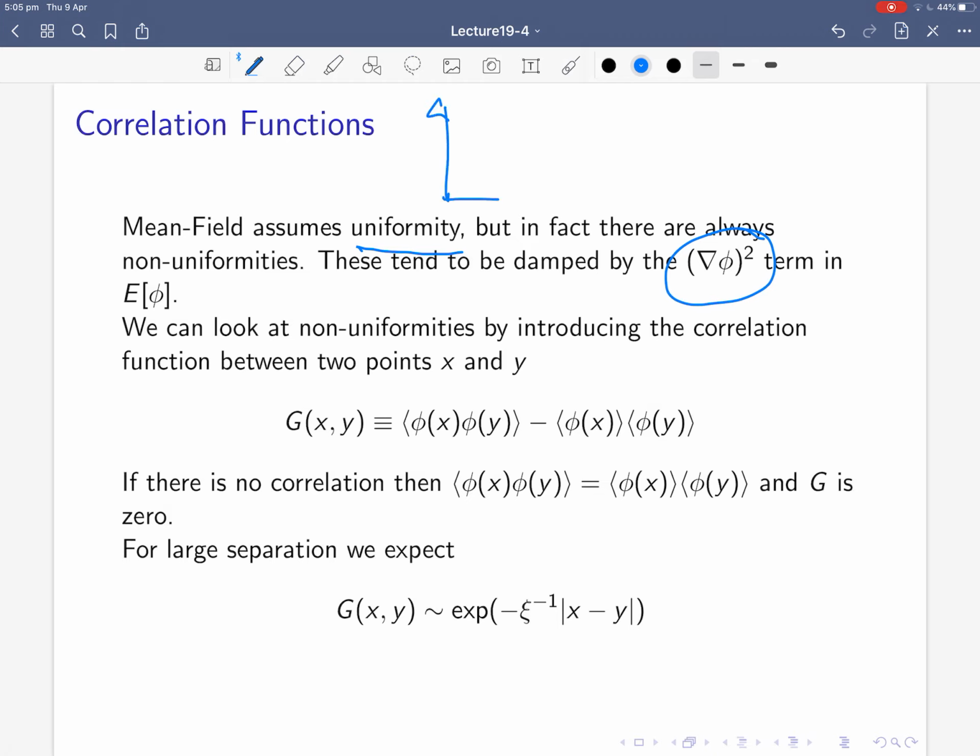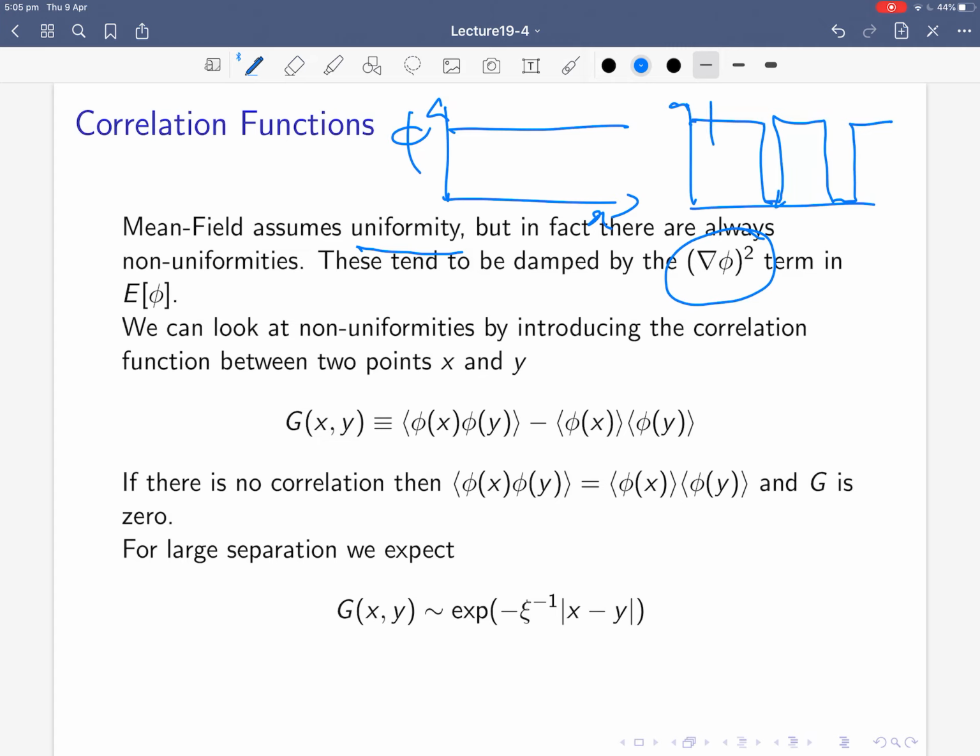So we can look at non-uniformities in our system. Instead of having a system which is uniform all the way across, phi versus, say, x in one dimension might look much more like this, where it jumps to there, down a bit, and jumps up again. Or you have up spins and down spins, etc.